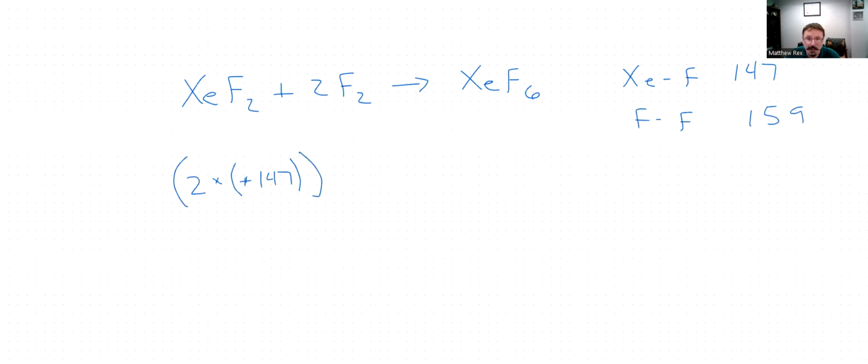We would normally have 1 fluorine bond, the F to the F, but there's a 2 in front of that, so we're going to take 2 times that as well. And then from that, we'll add over here our xenon-fluorine bonds, but now we have 6 of them, and since these bonds are forming, they're going to be negative.